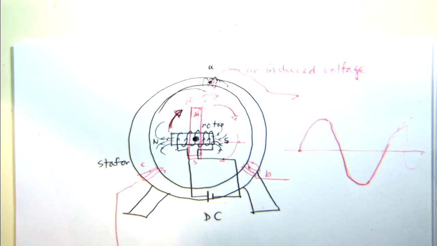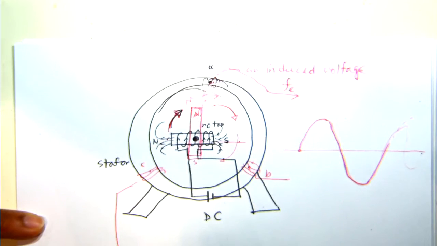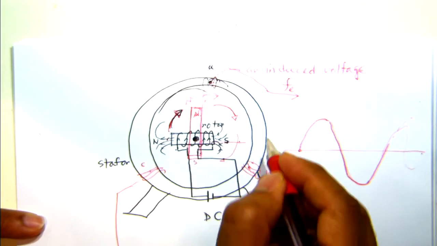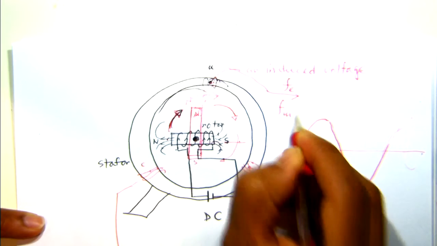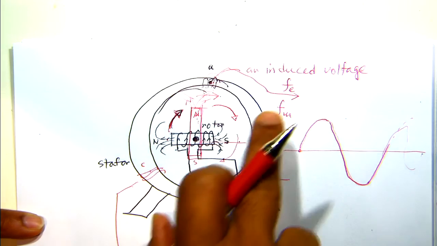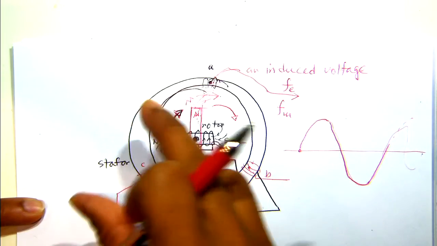There are 2 poles actually here. One north, one south. So the value of P is 2, but if you say pole pair, there will be 1. Okay? We will see later that the electrical frequency, Fe, and the mechanical rotation of this machine, which is expressed as Fm, are related by the pole.